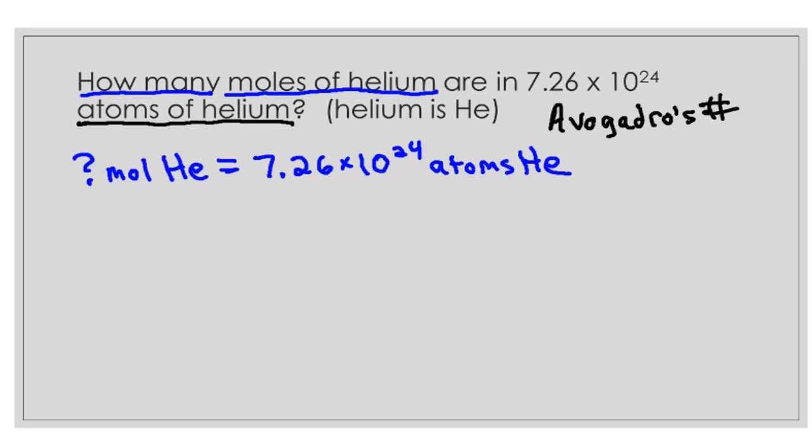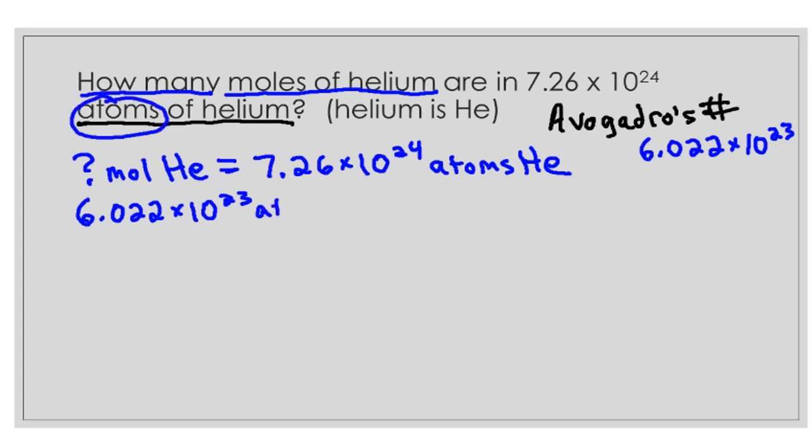So now, since we know we need to put Avogadro's number in here, we're going to put it in the data table as a conversion factor. Avogadro's number is 6.022 times 10 to the 23rd atoms of helium is going to equal 1 mole of helium. And it's as simple as that.